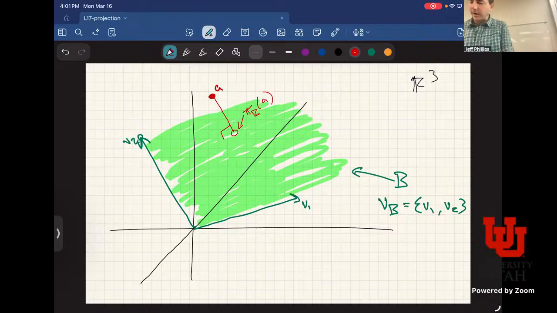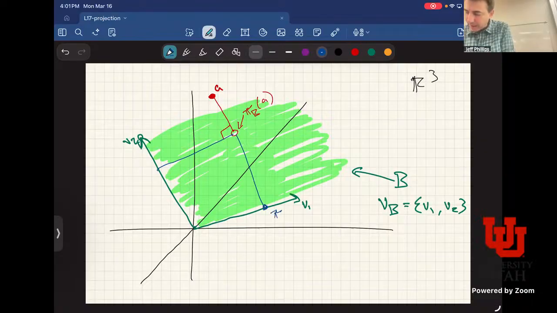Okay, and now we can think of the coordinates onto this space here. Okay, so I'm going to write this. How do I describe this? I need to describe it using the basis, right? And so we can describe it based on this point here.